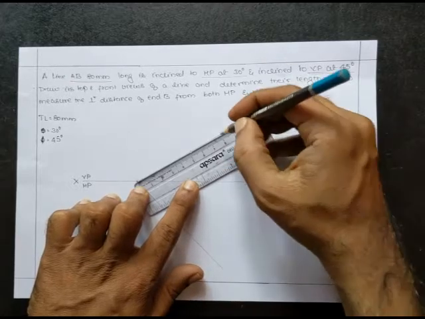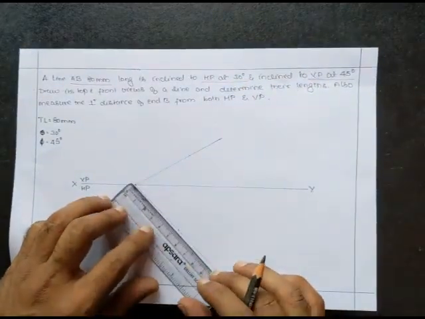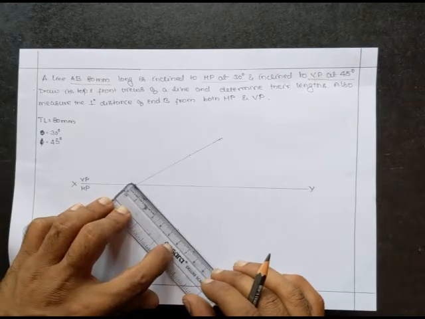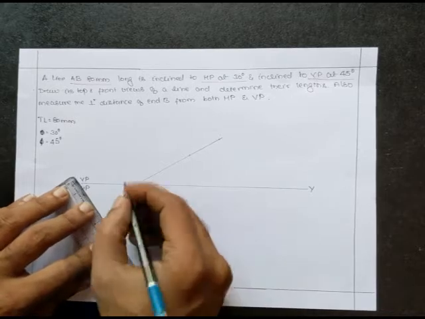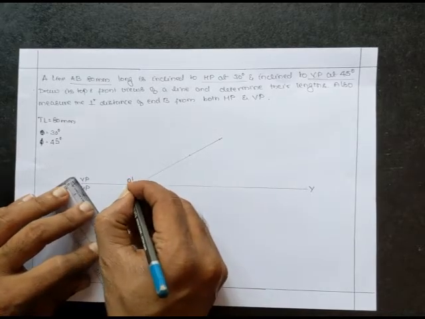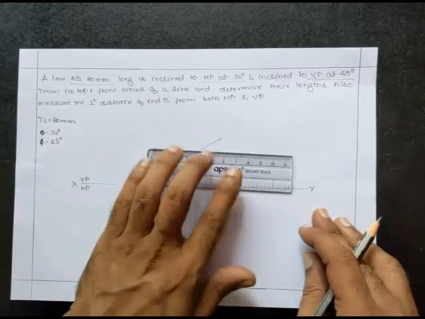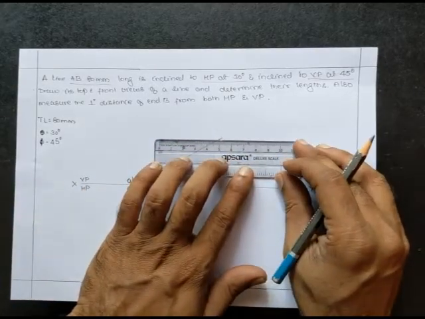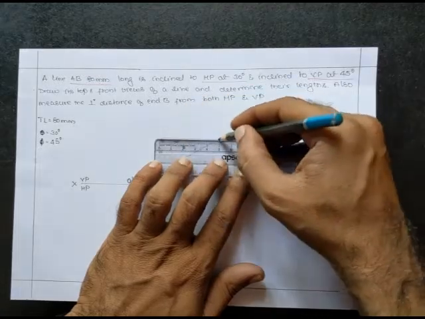So let me mark 80 millimeter here. This is 80 millimeter length, and here also I am going to measure 80 millimeter. So this is A dash and this is A, the same point, but here we have to write B1 dash as well as locus of B in front view.